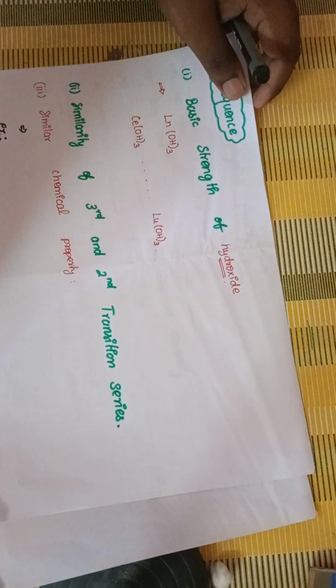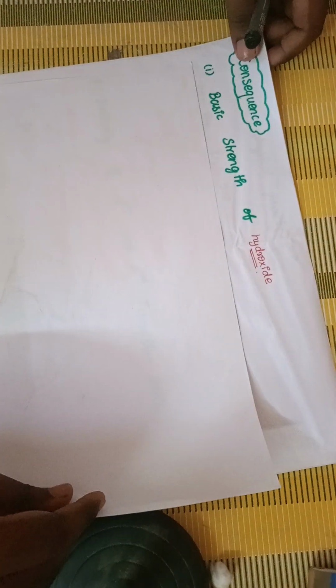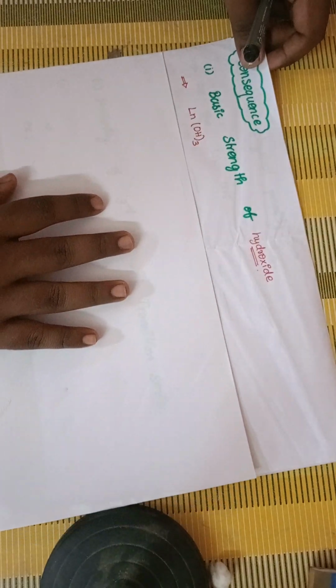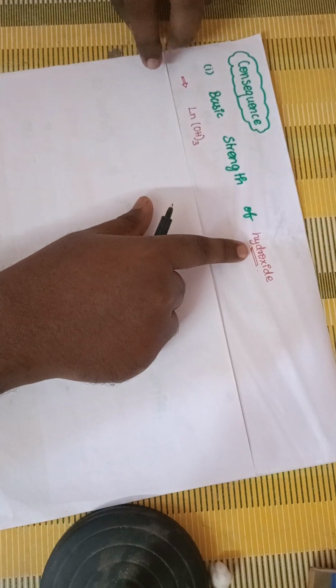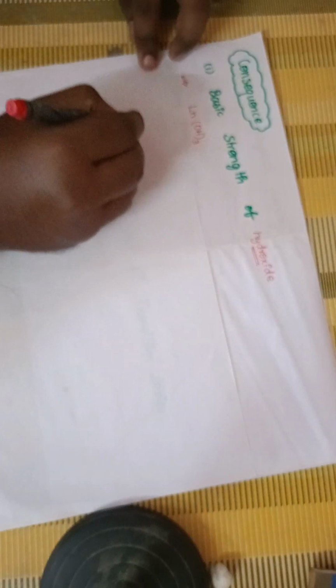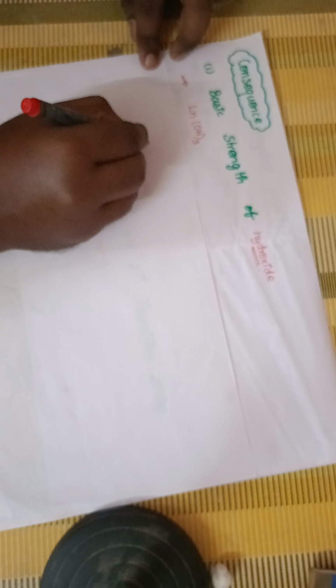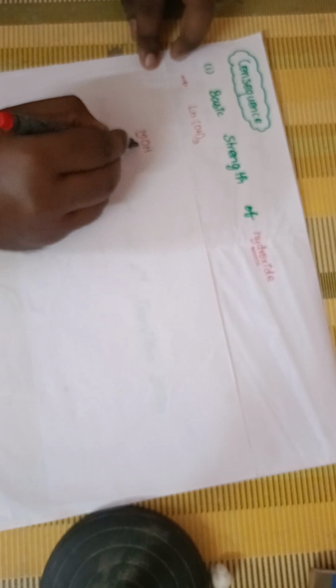To understand this, the first consequence is the basic strength of hydroxide. What is meant by basic strength of hydroxide? If you take MOH, it can be any metal hydroxide.